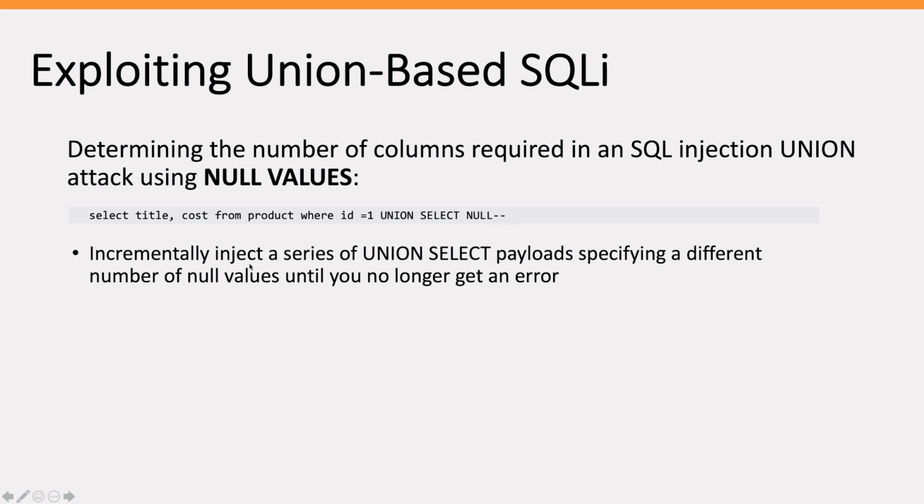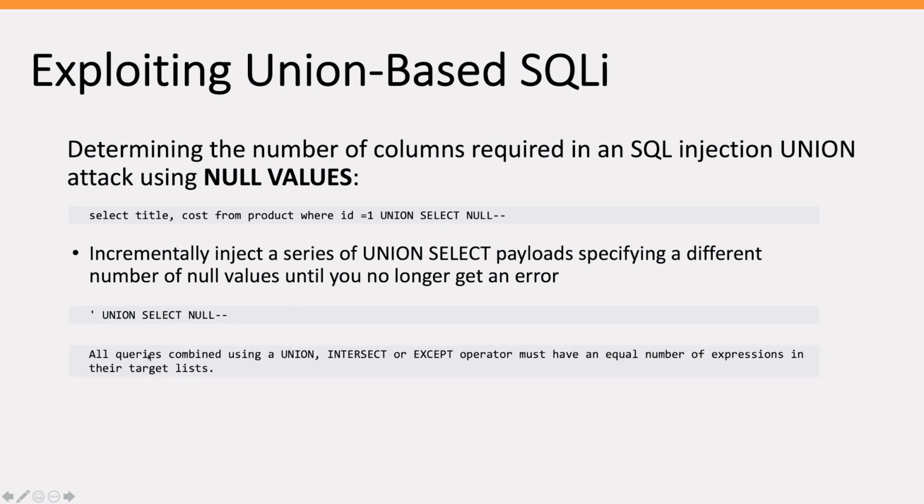So if you incrementally inject a series of UNION SELECT payloads specifying a different number of null values until you no longer get an error, then you could figure out the number of columns that are required by a SQL injection. So for example, when I put this payload over here, it'll give me an error saying something like all queries combined using a UNION, INTERSECT, or EXCEPT operator must have an equal number of expressions in their target list.